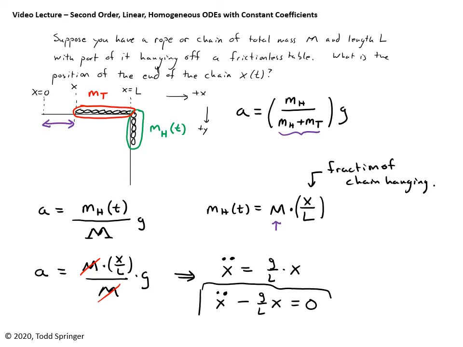So this right here is a second order ODE, homogeneous, constant coefficients. To be able to determine the position of the chain as a function of time, I have to solve this ordinary differential equation. So let's get started doing that.